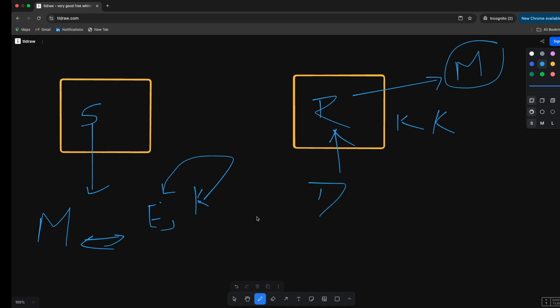Along with the message, I need this key also to be sent to the receiver, because if I don't have the key, I won't be able to get the message back.